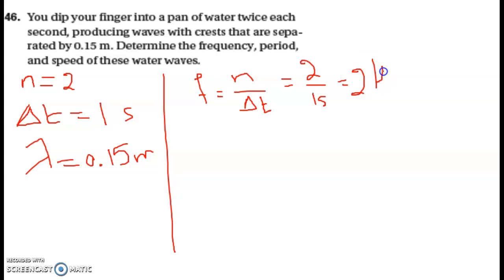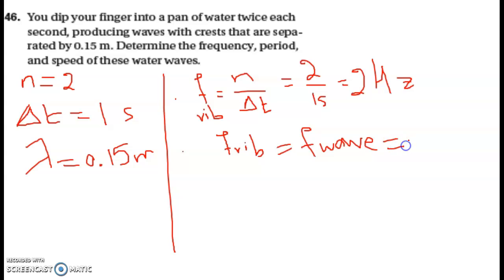This is the frequency of the vibratory source of the wave, which is the hand. But we know that the frequency of the vibratory source is equal to the frequency of the wave, and you are asked to find the frequency of the wave. So it's equal to 2 Hertz.